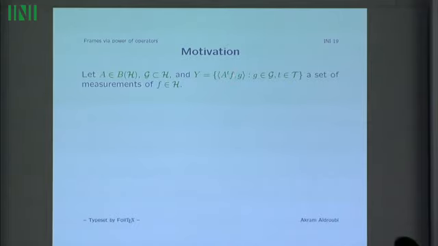Those are the samples. t varies in some set, could be from 0 to L, or discrete, like the example I showed you is a discrete set. So you have this function which is evolving in time, and there's this operator. You hit it with vectors g, and from these measurements, you want to recover f.